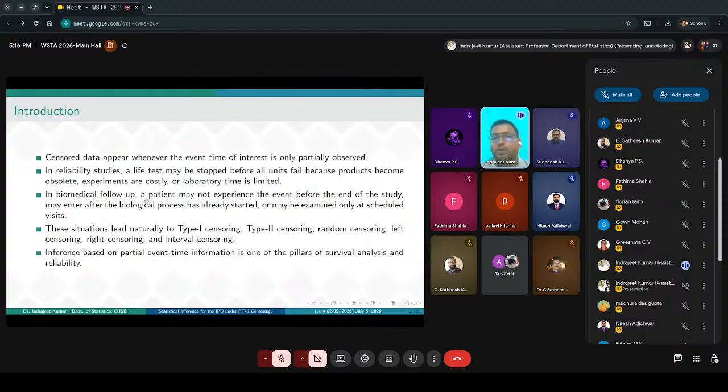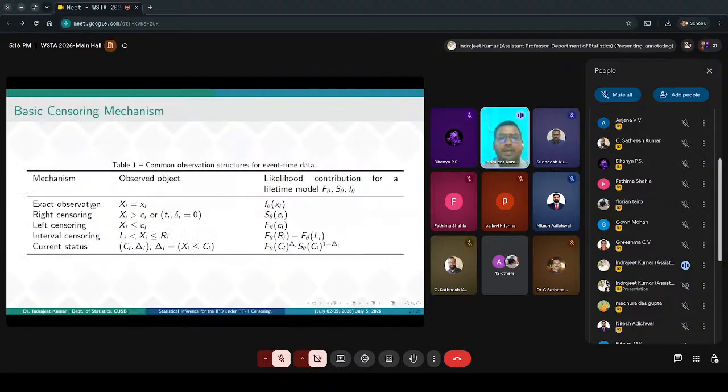For example, in a medical follow-up, a patient may not experience the event before the end of the study, or may decide to move to another hospital, or may fail during the treatment. That type of censoring is possible.